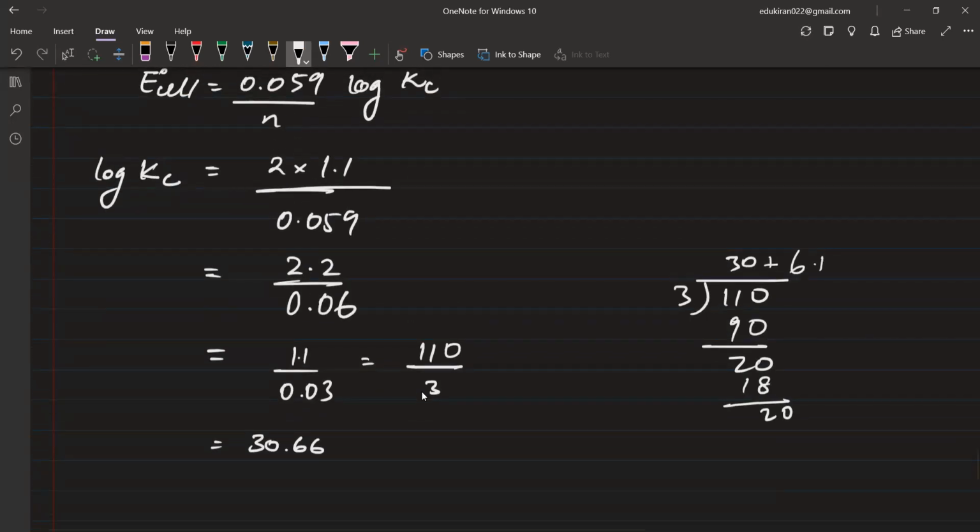चलो, if you're getting the same thing. Sorry, 36.666 होगा. प्लस है यहाँ पे. तो Kc is equal to 10 to the power 36.66.